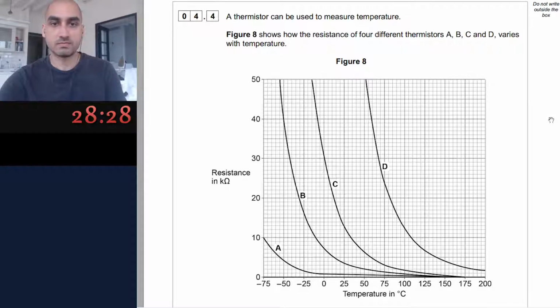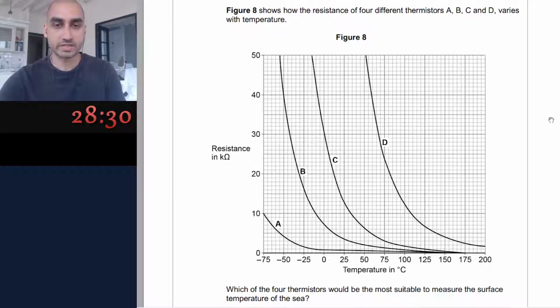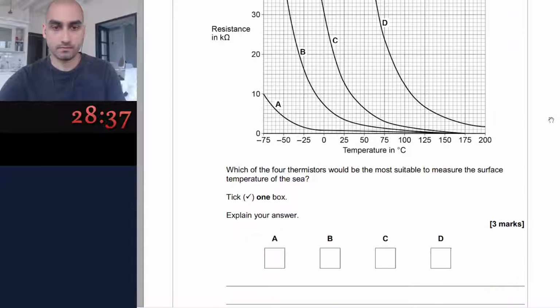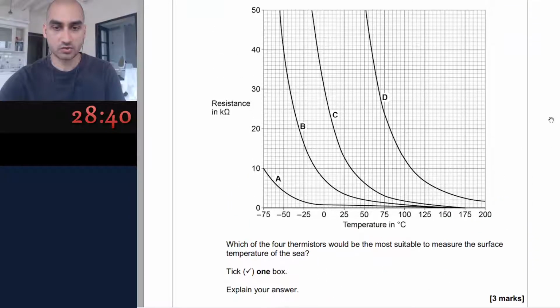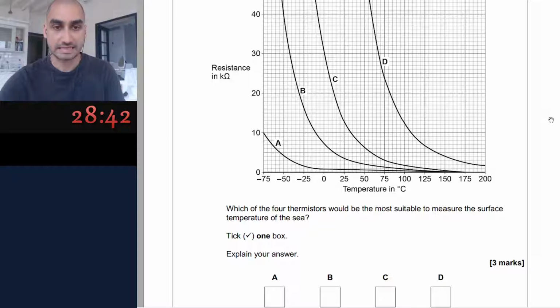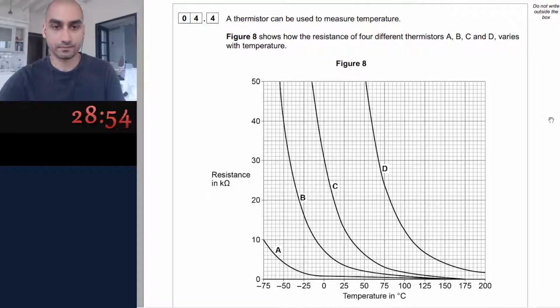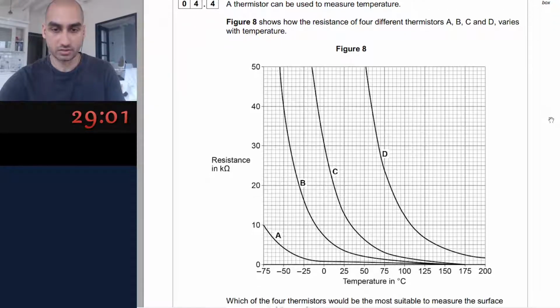The thermistor can be used to measure temperature. Resistance of 4 different thermistors varies with temperature. Which of the 4 thermistors would be the most suitable to measure the surface temperature of the sea? What is our goal with thermistor? We want the rate of change to be best around the temperature we're measuring, don't we?